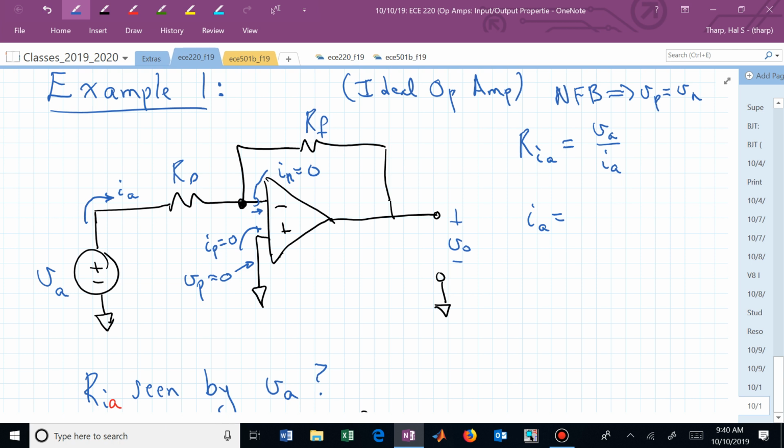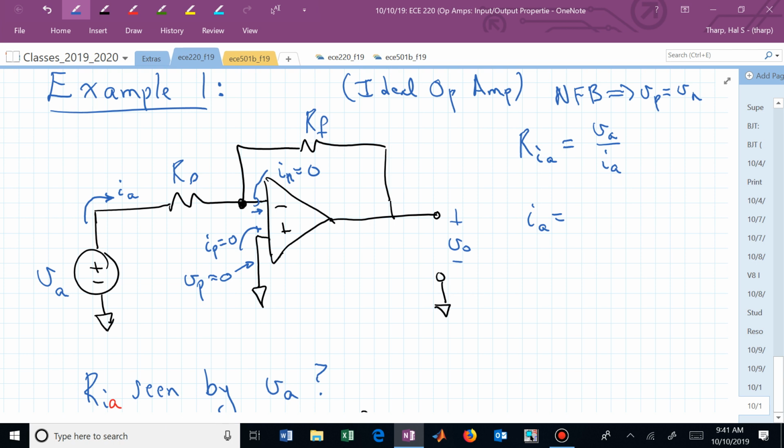But what do we know about the other side of that, the right side of that resistor? We know the left side is at a potential V sub A. What do we know about the right side of resistor R sub S relative to its potential or its voltage? Based on feedback, we have negative feedback. So it's the same potential as the non-inverting pin, which is at 0.